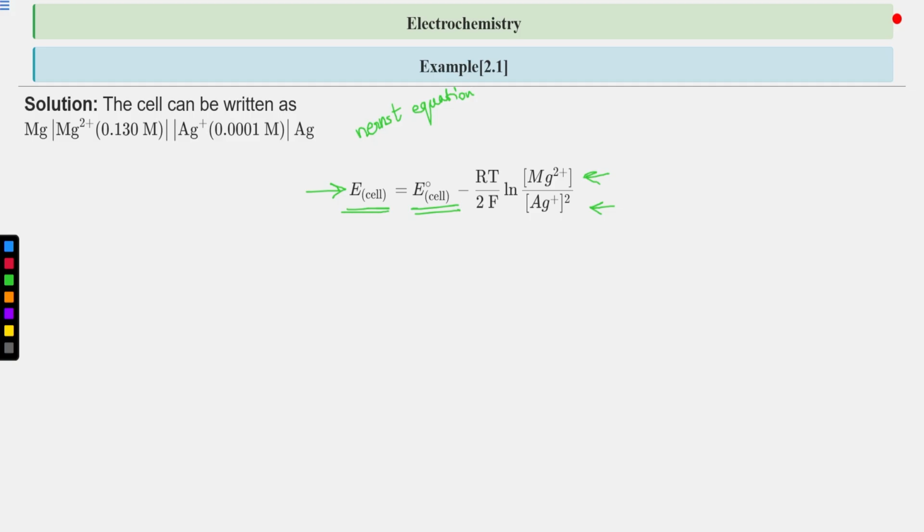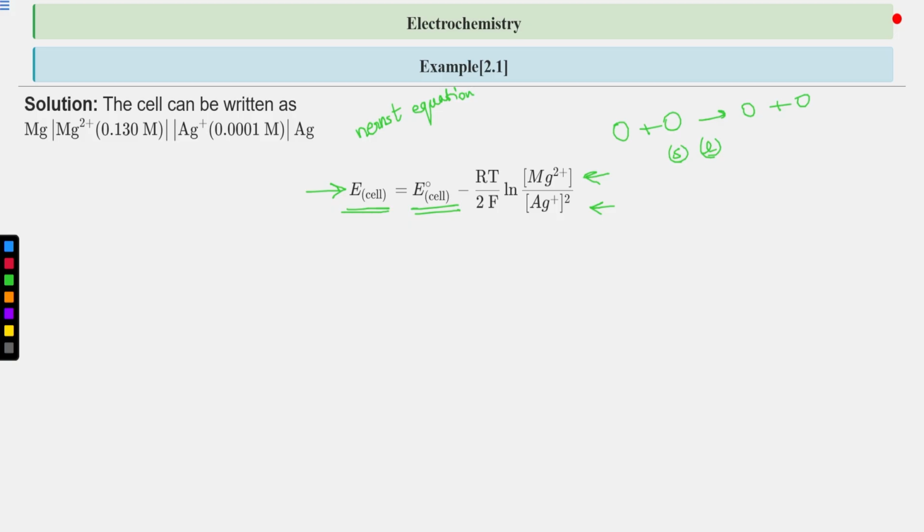Okay, so one thing to remember: if you are given a cell reaction, something is present in the reactant side and other things are present in the product side. If the species are in solid form or liquid form, you cannot consider them while calculating the E of cell using the Nernst equation.